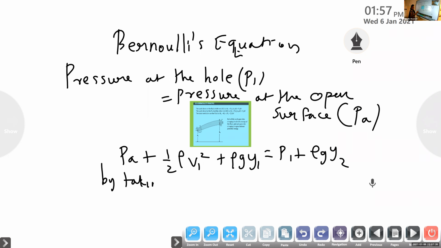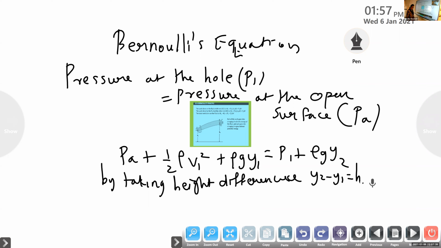By taking height difference, Y2 minus Y1 is equal to H.